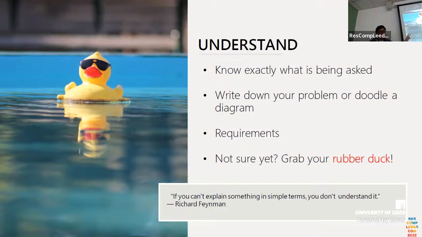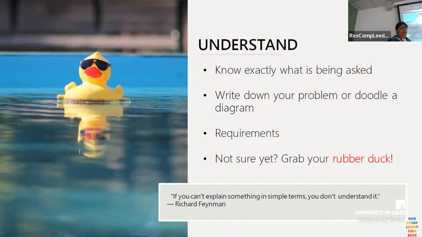The second tip, I'm not crazy. I'm saying to you, grab your rubber duck. So have a small object, look at the object and explain your problem to the object. This is indeed a technique among software developers. If you are not very comfortable with this, you can talk with your supervisor, a colleague, or even with me, no problem. Just have a rubber duck, okay? Any kind of thing.